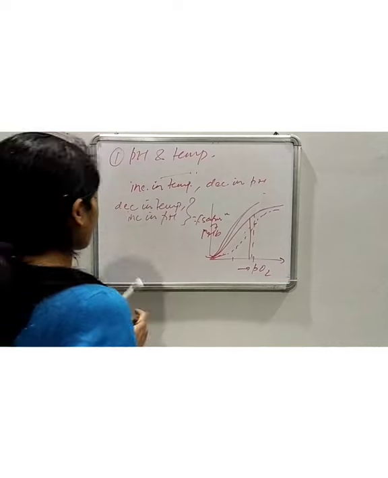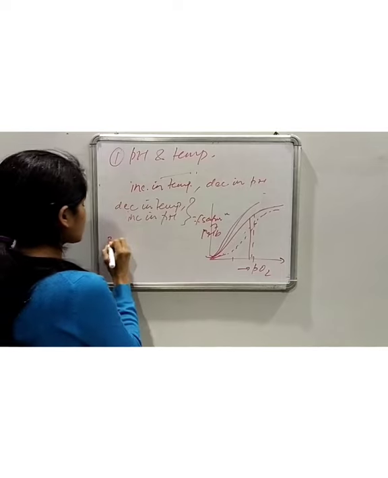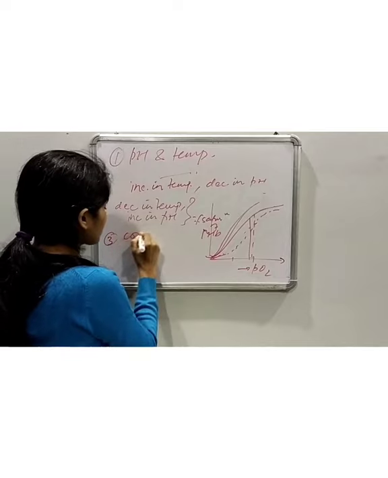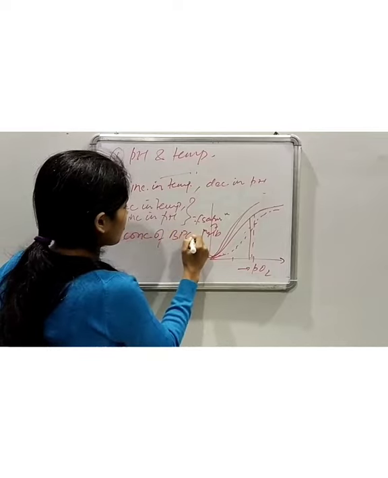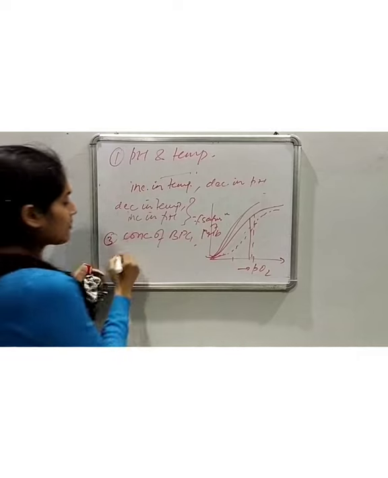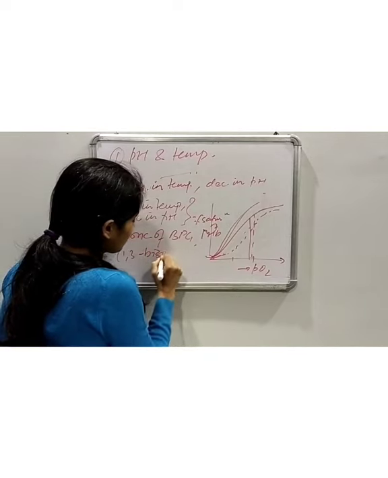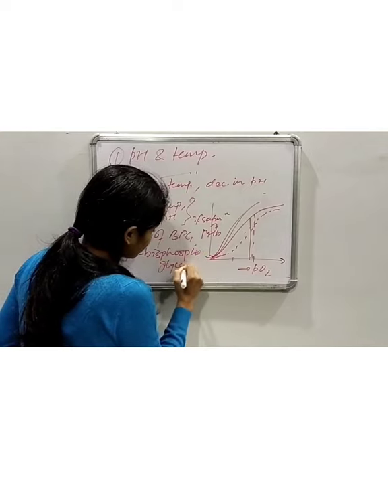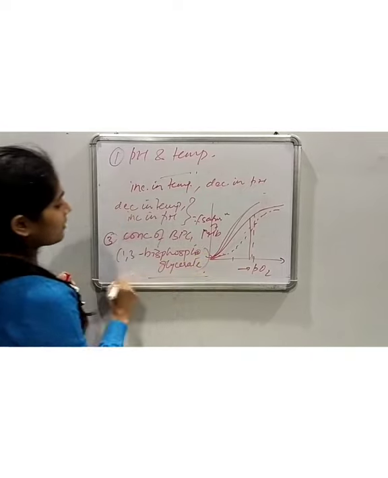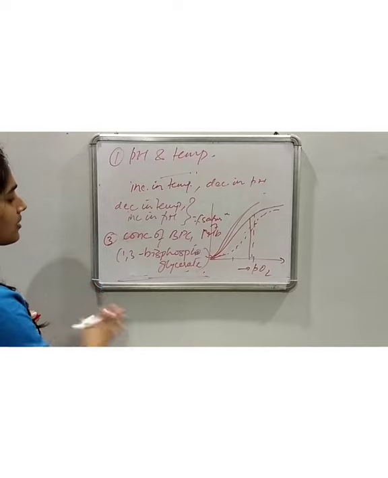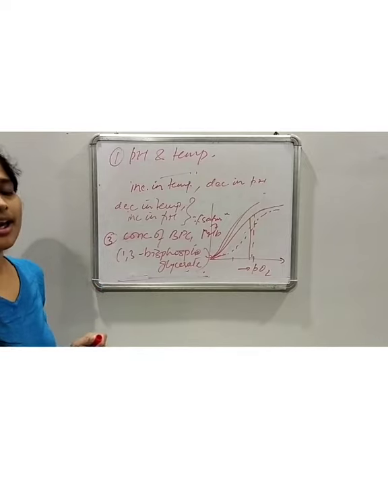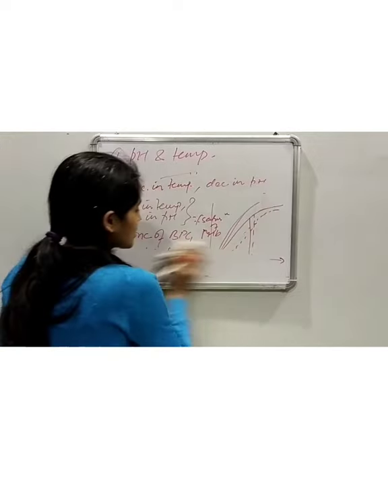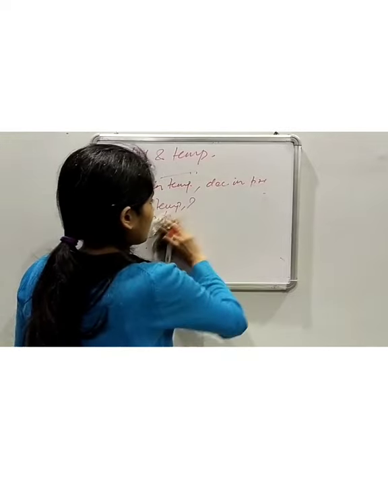Then the third we'll discuss is the concentration of BPG, which is alternatively known as 1,3-bisphosphoglycerate. How does this concentration affect the cooperative binding and oxygen transport together with hemoglobin?